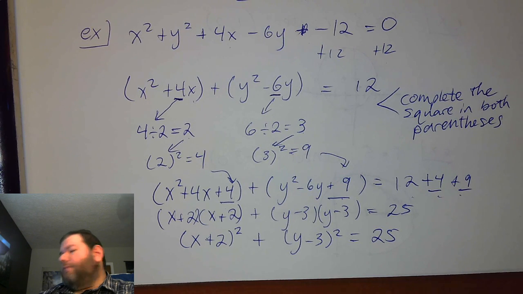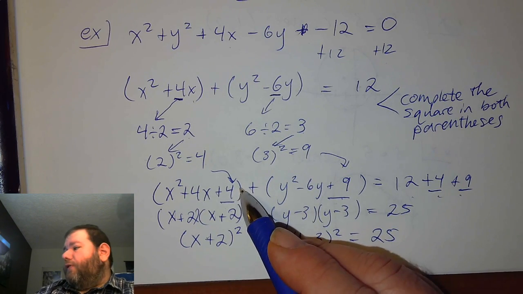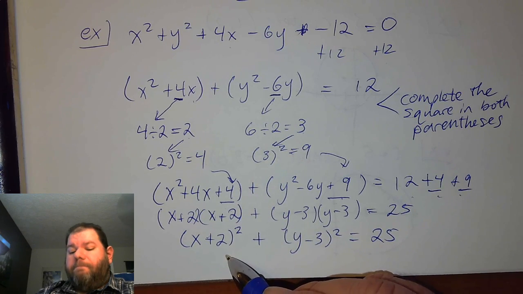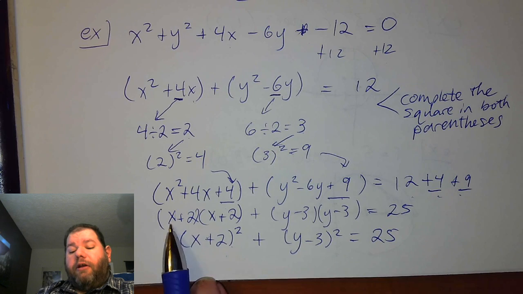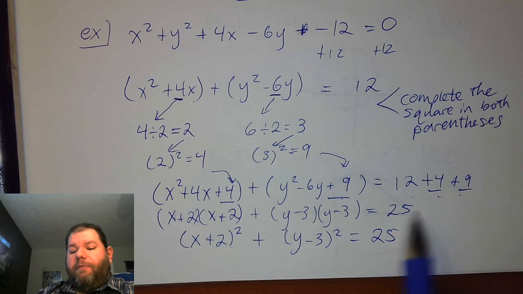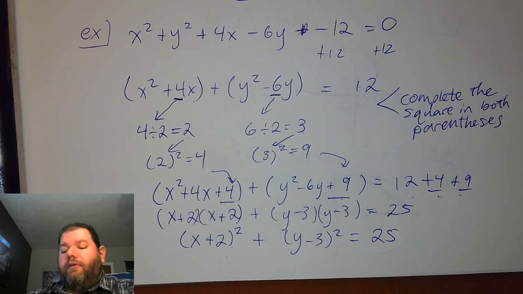Now, again, if you want to, you can actually just skip this step from here to here if you feel comfortable. But I just want to make sure you all saw the step in between on my notes. So if you come back and look at it, you'll be able to hopefully understand it.